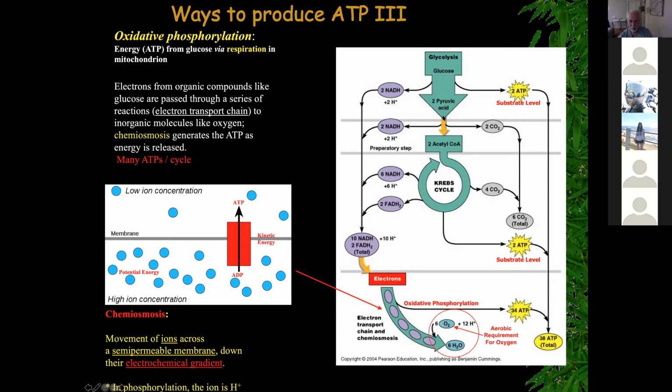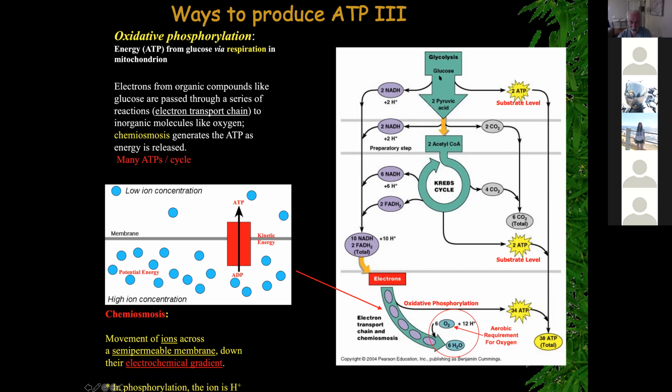And these pyruvic acid molecules can make 2 acetyl-CoA molecules. They are the start of the Krebs cycle. So what's going on here? Well, as I said earlier, glycolysis itself yields 2 ATPs. Why is it 2? It's because you start out with 1 molecule of glucose, you get 2 molecules of pyruvate and an ATP associated with each, done by substrate level phosphorylation.